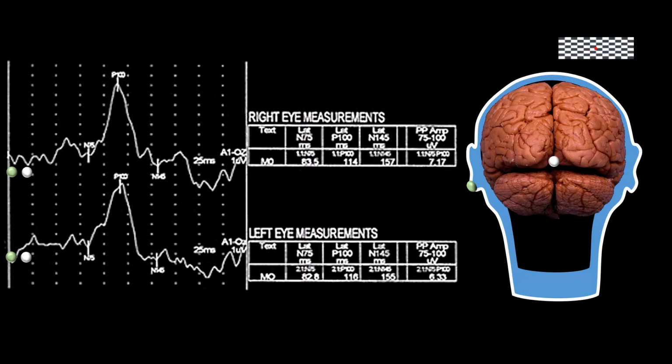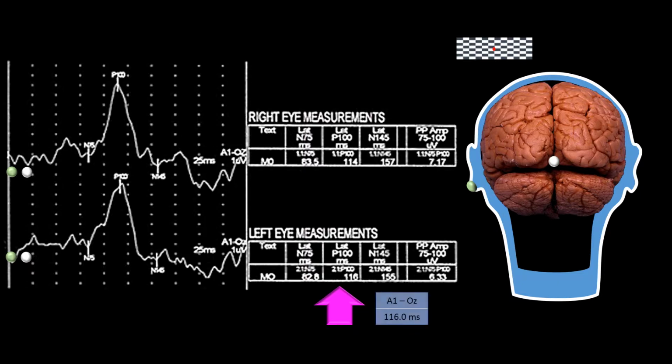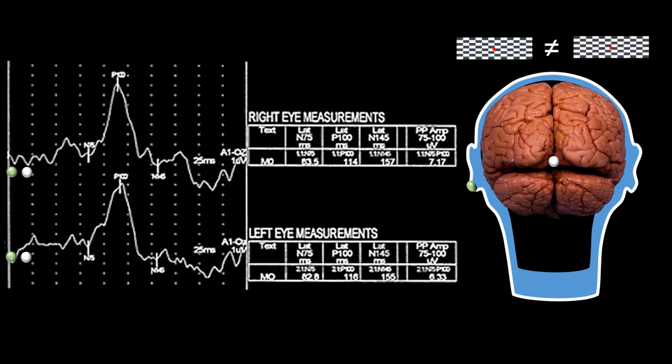And as you can see, after right eye stimulation, the latency of sagittal P100 is 114 milliseconds. With left eye stimulation, the sagittal P100 latency is 116 milliseconds. Next, we compare the sagittal P100 latencies following right and left eye stimulations.